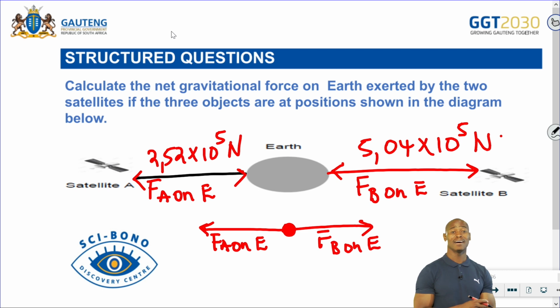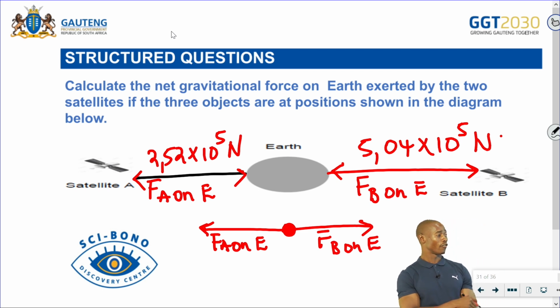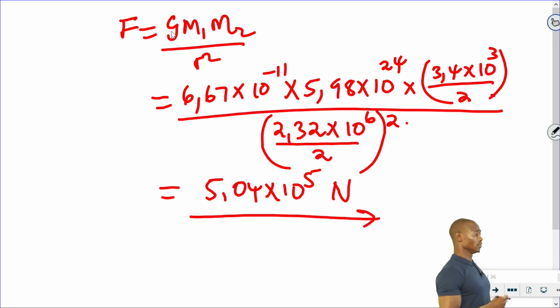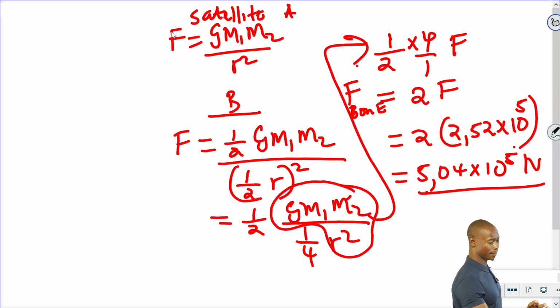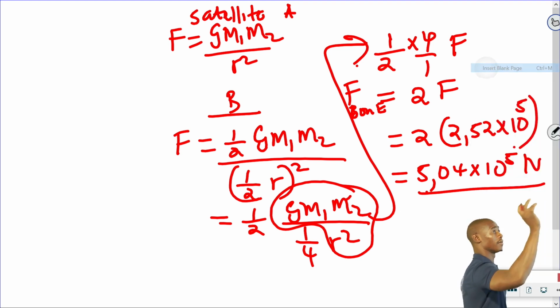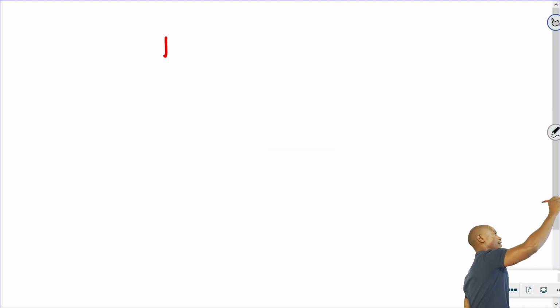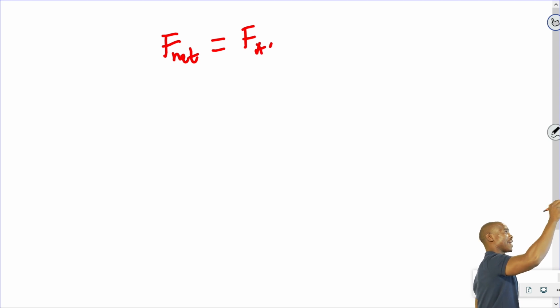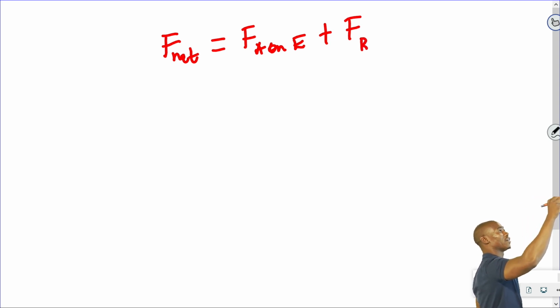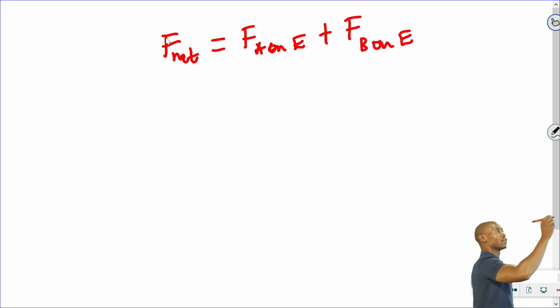These are forces in one dimension. So for forces in one dimension, we have the net gravitational force, which is going to be the force exerted by A on Earth plus the force exerted by B on Earth.